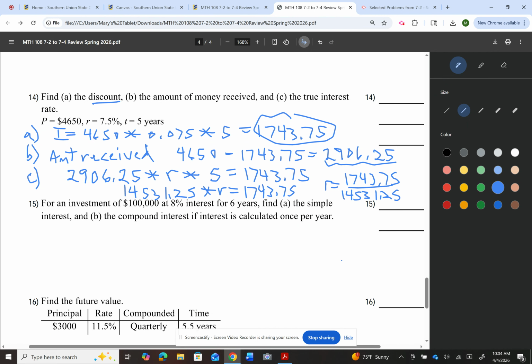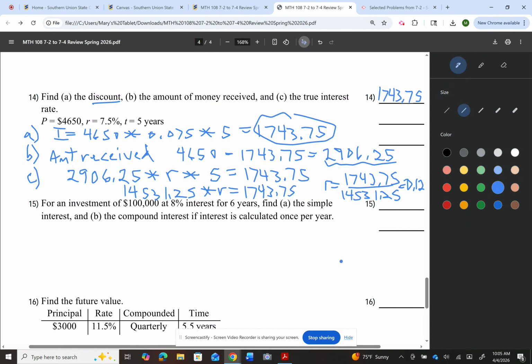When I do that, that's going to give me a decimal that I'll then change into a percent. So that turns out to be 0.12.